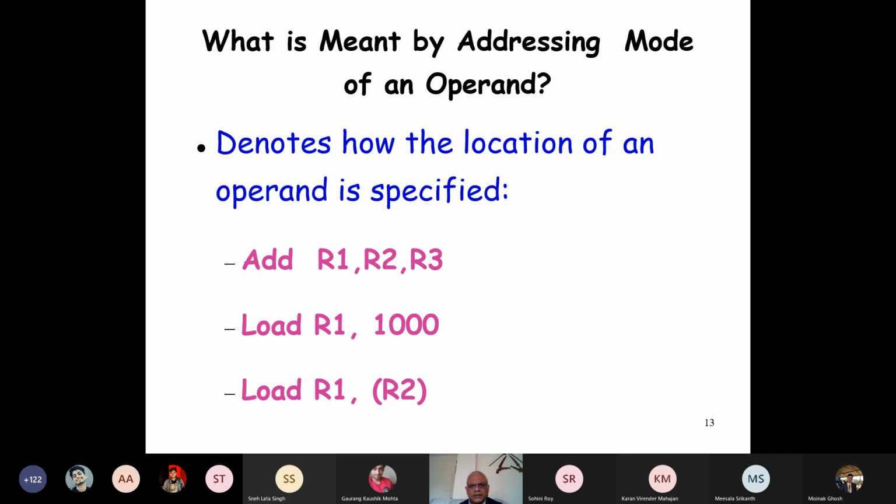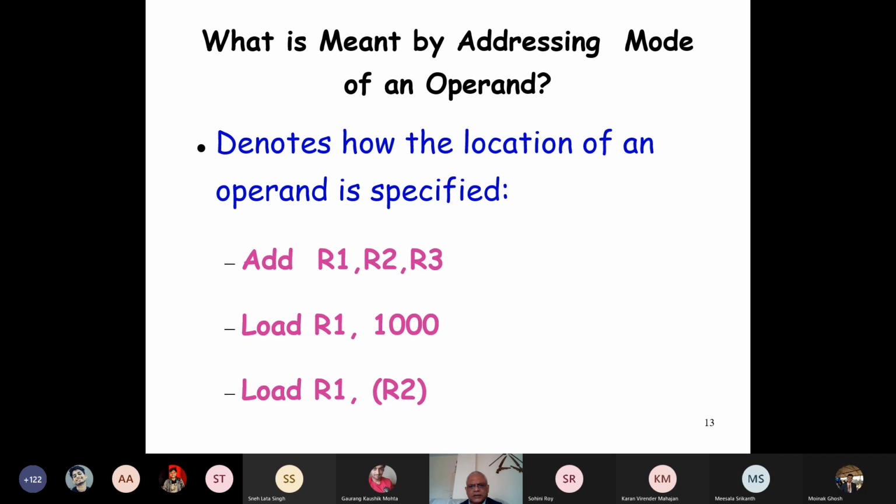Just look at these 3 instructions. In the first instruction, the operands are register names. We call it the register direct or register addressing mode. In the second one, we load the contents of a memory location. 1000 is the memory location, and we load that into register R1. So this is memory direct.